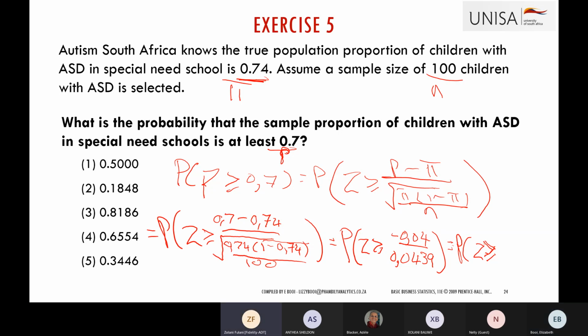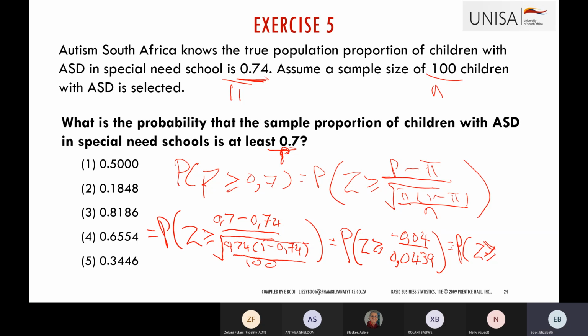No, can we go one step back? 0.74 bracket 1 minus 0.74 divided by 100. What's the answer there? Okay, wait. Let's take it there. 1 minus 0.74 times 0.74 is 0.1924.